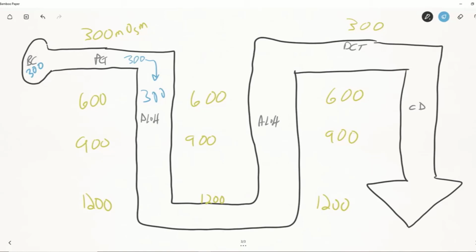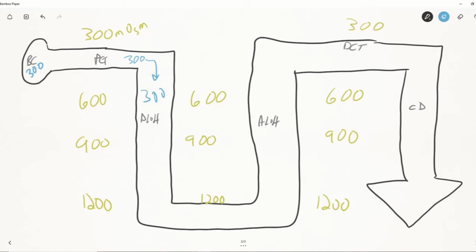We get to a point where, the way I've written it, it's 300 milliosmoles inside the loop and 600 milliosmoles outside the loop. So there is a big difference in concentration. There are more solutes outside than inside because of the concentration. And what is the loop of Henle permeable to on the descending side?